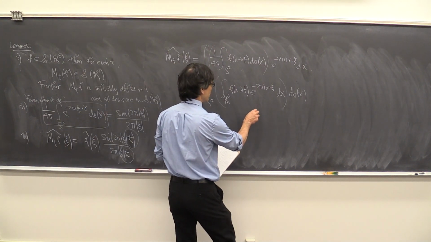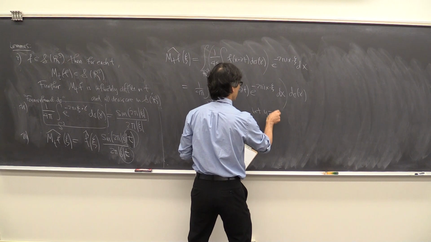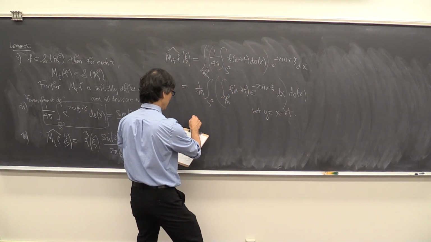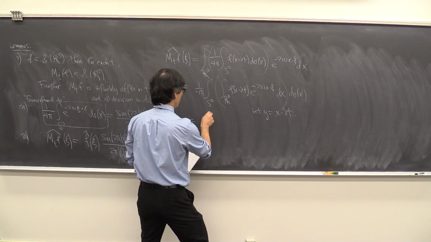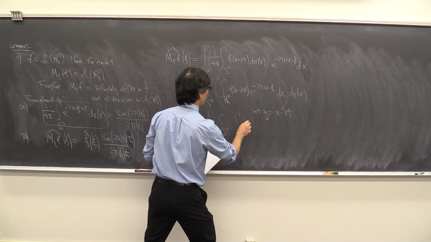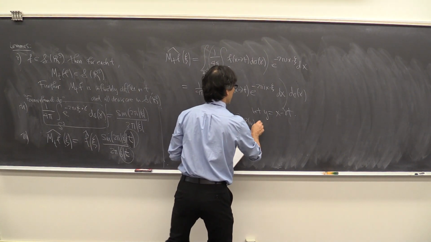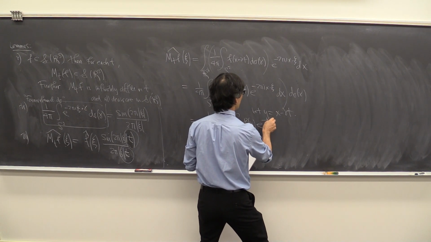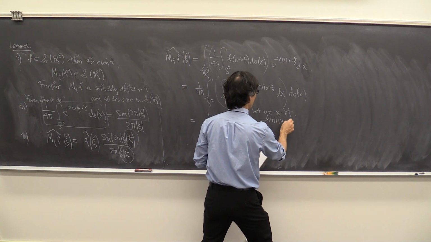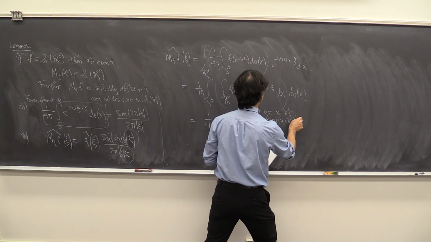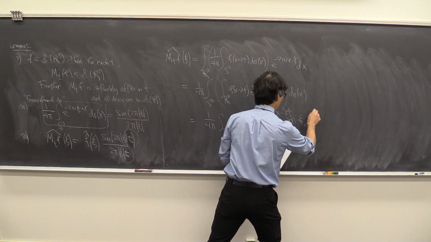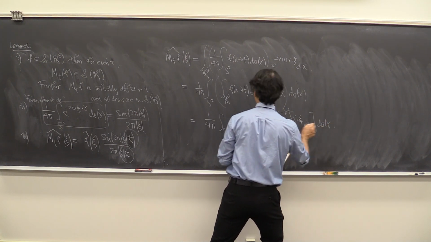Then we do a change of variables. So let y be x minus gamma t. Then this turns into 1 over 4 pi integral over S squared, integral of f of y e to the negative 2 pi i x, which is y plus gamma t, dot c dy d sigma gamma.